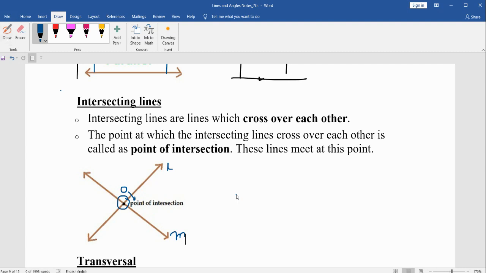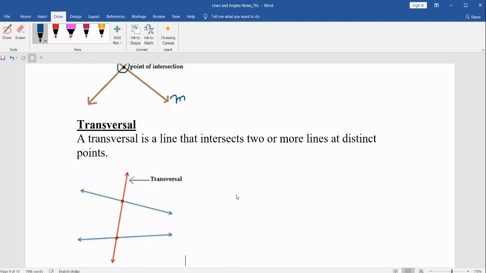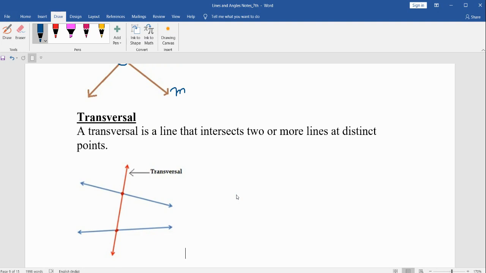Now let's talk about transversal. A transversal is a line that intersects two or more lines at distinct points. This word distinct is very important.